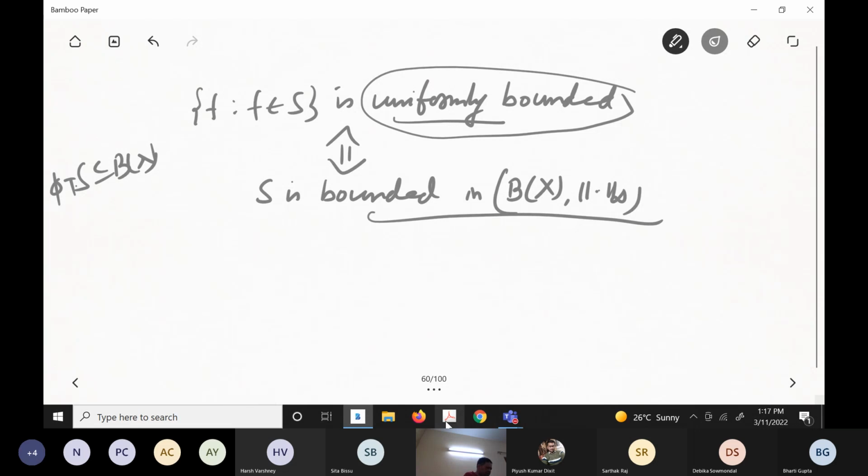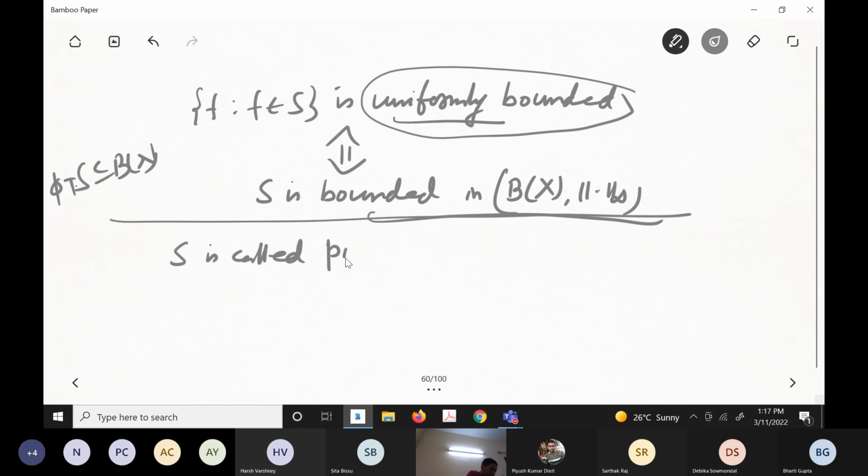Now there is another concept that I will explain from my book, how much the Ascoli-Arzela theorem can be generalized. This is uniformly bounded. And we call it pointwise bounded, like pointwise convergence and uniform convergence, a similar concept.